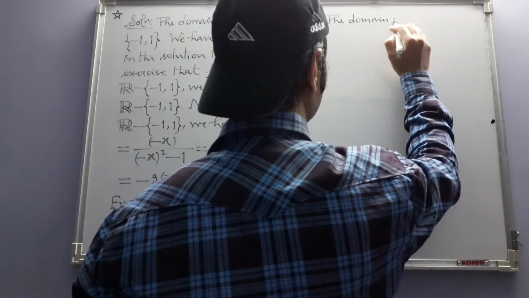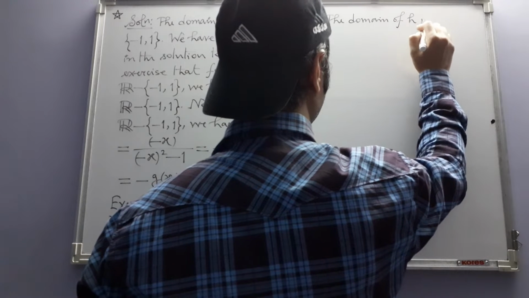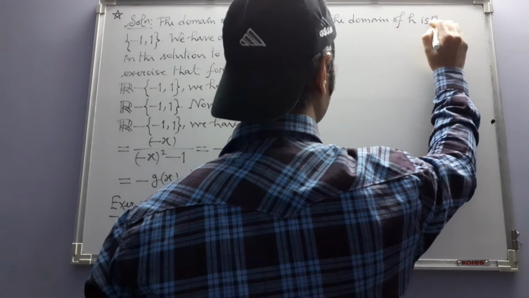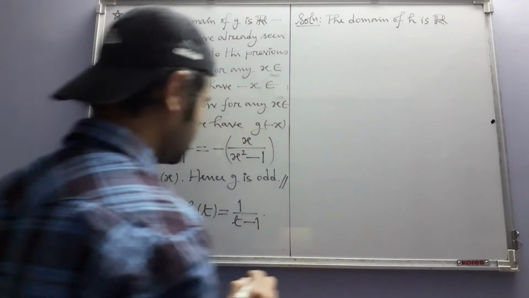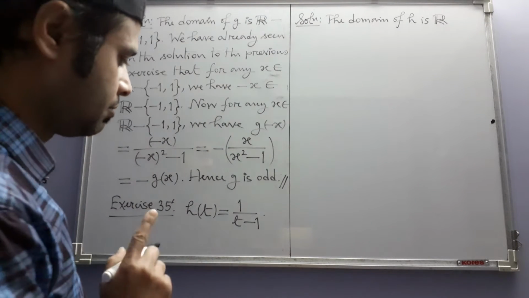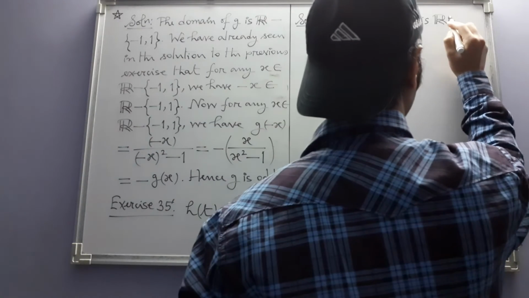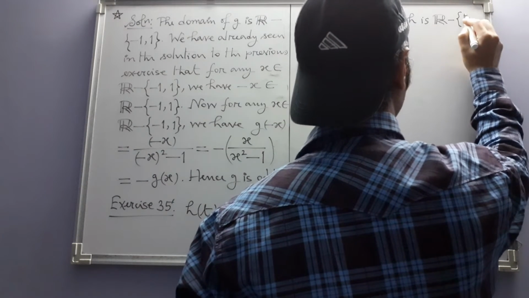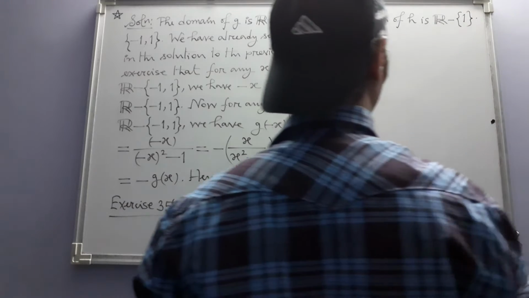The domain of H is, the denominator should not be 0, that means t can be anything other than 1 or minus 1.